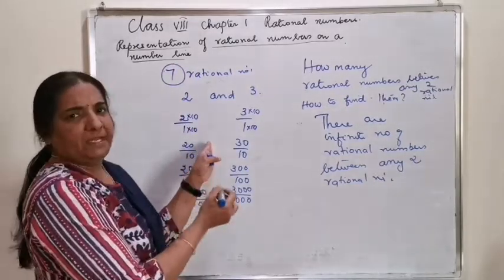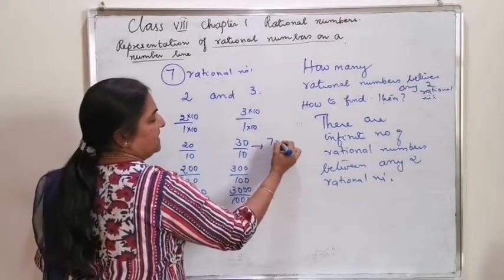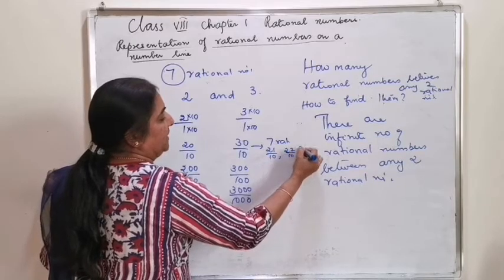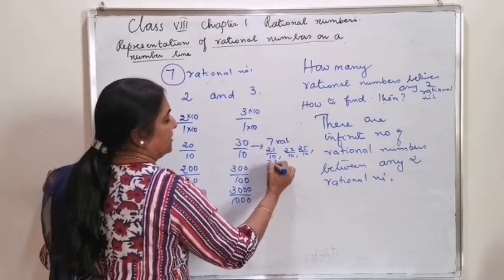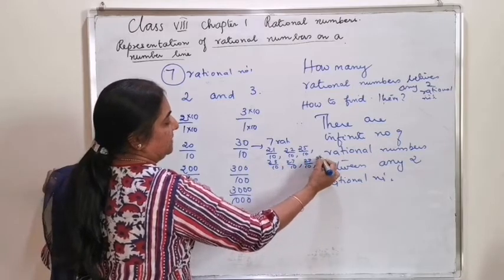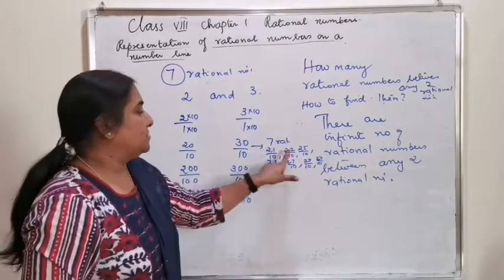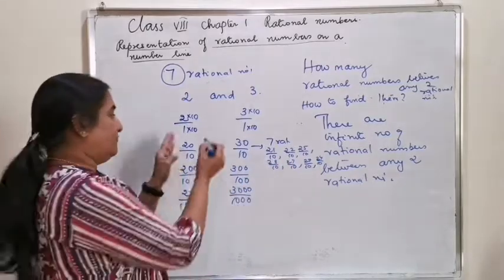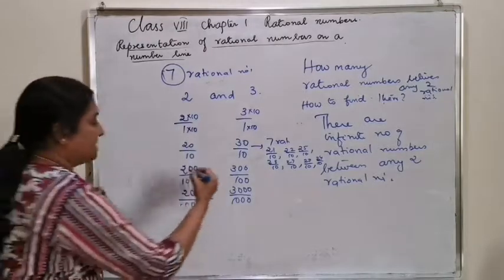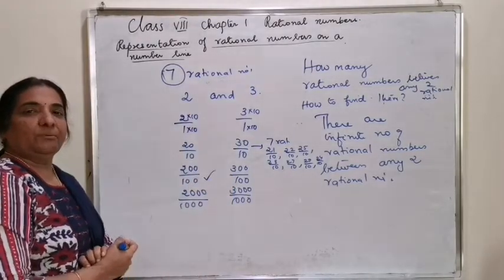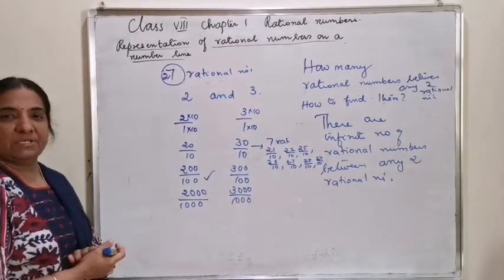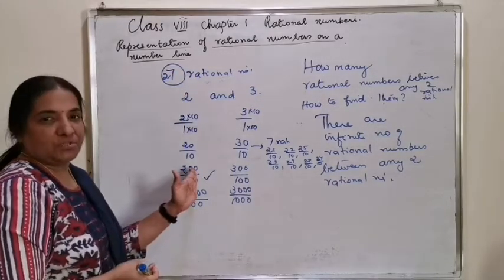In any order, you can take the 7 rational numbers as 21 by 10, 22 by 10, 25 by 10, 23 by 10, 27 by 10, 29 by 10 and 24 by 10. That is 1, 2, 3, 4, 5, 6, 7. In fact, you have 9 numbers available. In case you want to find 17 rational numbers, you can go for the denominator 100. If you want 27 rational numbers also, you can take this option.